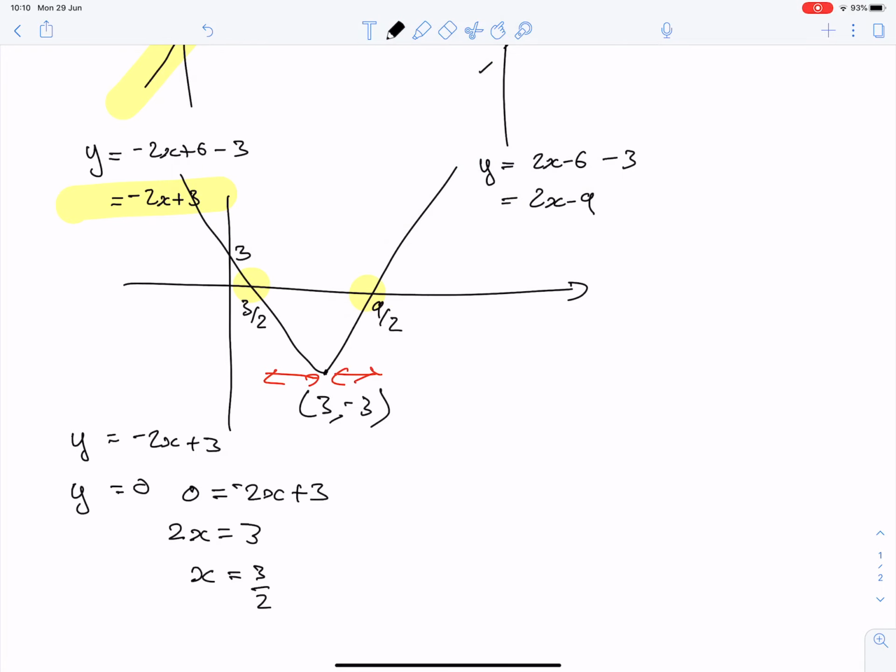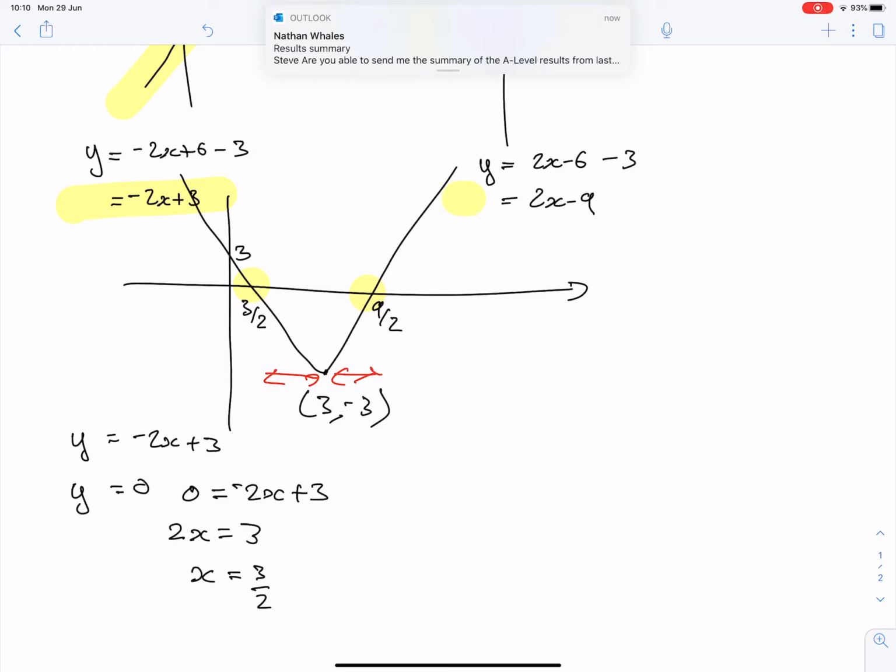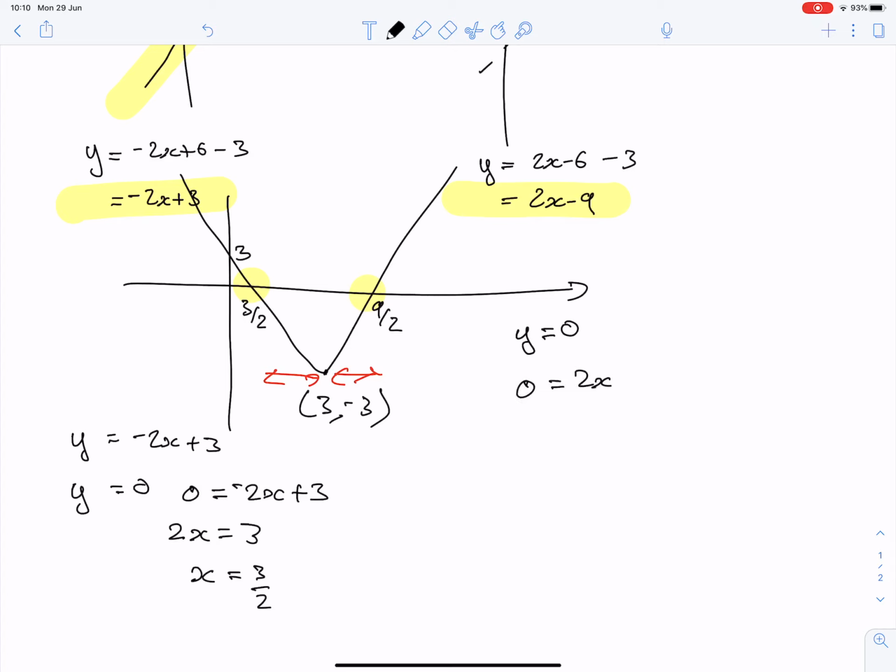Yeah, using the symmetry of the graph, but we can also check it using the equation here, y equals 2x minus 9. So we get y equals 0, 0 equals 2x minus 9, 9 equals 2x, x equals 9 over 2, as we suspected it would be.